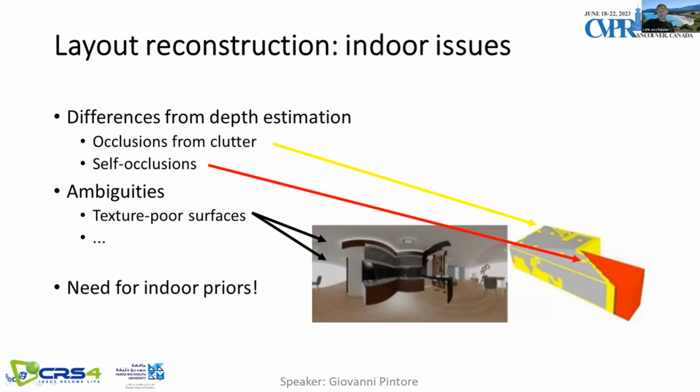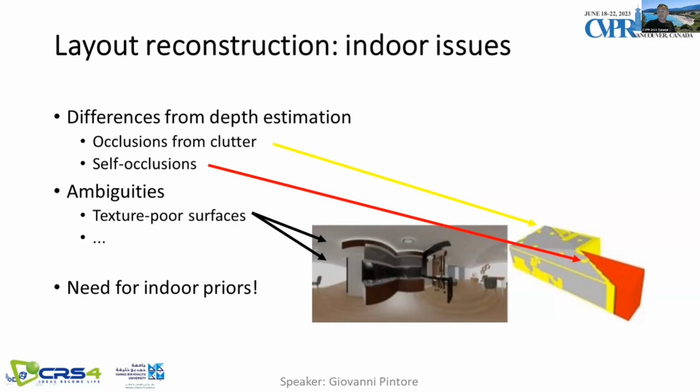Furthermore, we have other problems more or less common with depth estimation, typical of indoors, like texture-poor surfaces, where parts of interest are less visible, or even particular materials. To this end, completing such reconstruction with specific indoor priors is necessary.